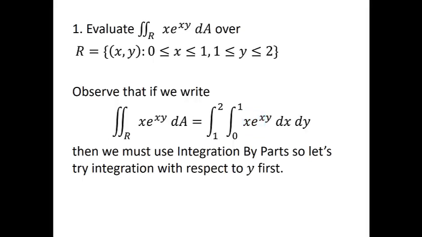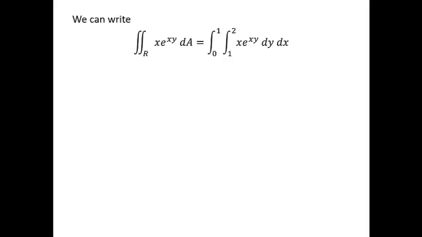Now there's nothing wrong with integration by parts, but let's see what happens if we try integration with respect to y first instead. So here's what it would look like. Suppose we want to integrate first with respect to y to avoid integration by parts.